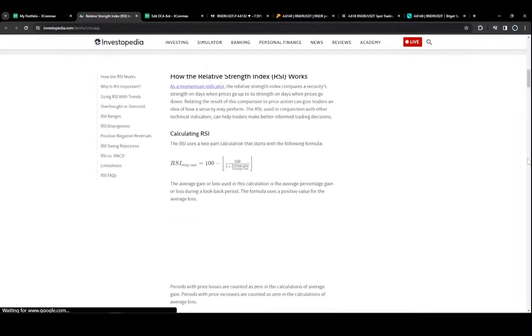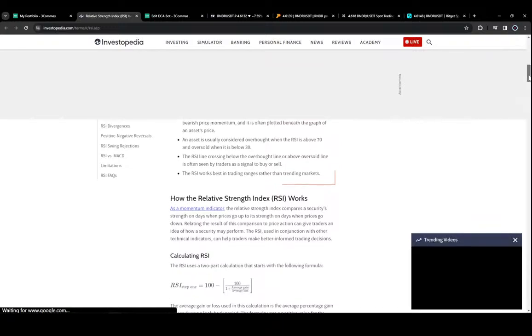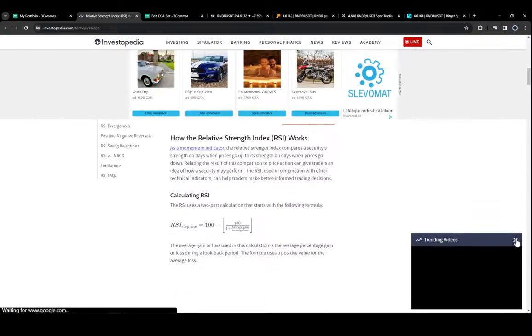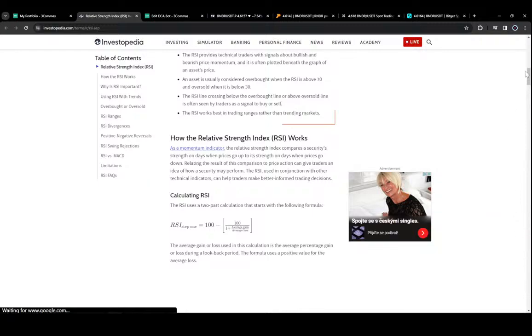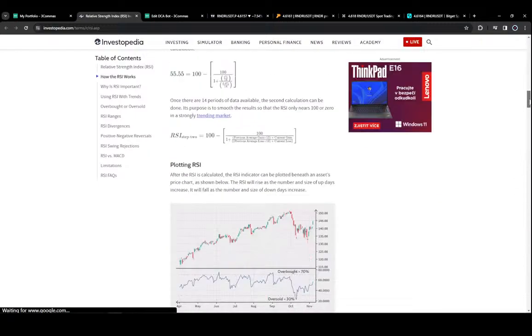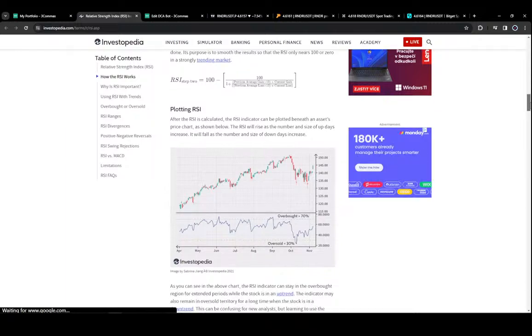Relative Strength Index is one of the most popular, most common, and I also think one of the most working strategies or indicators that you could use for your bots. So give it a read if you're not familiar with RSI, and it's very simple to understand.